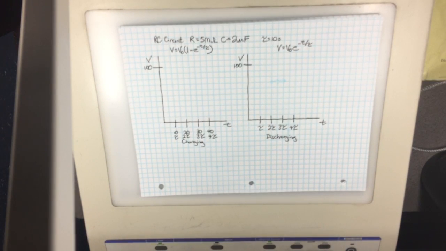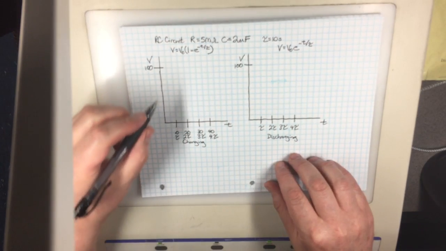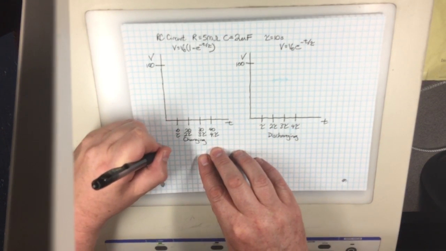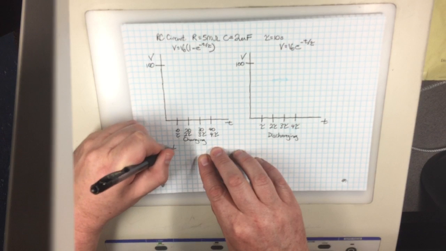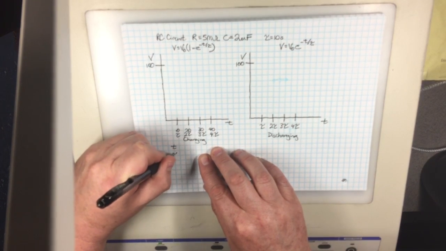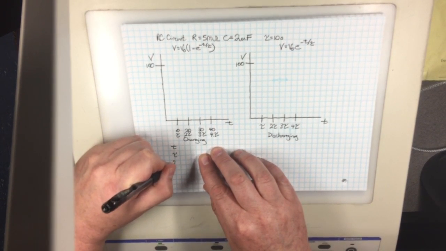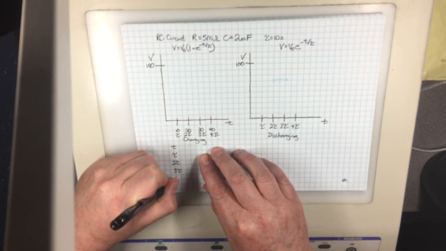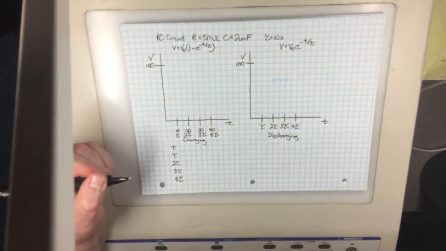And what I'm going to do is I'm just going to plot this out by hand. For my t, I'm just going to use the values of tau, 2 tau, 3 tau, and 4 tau.